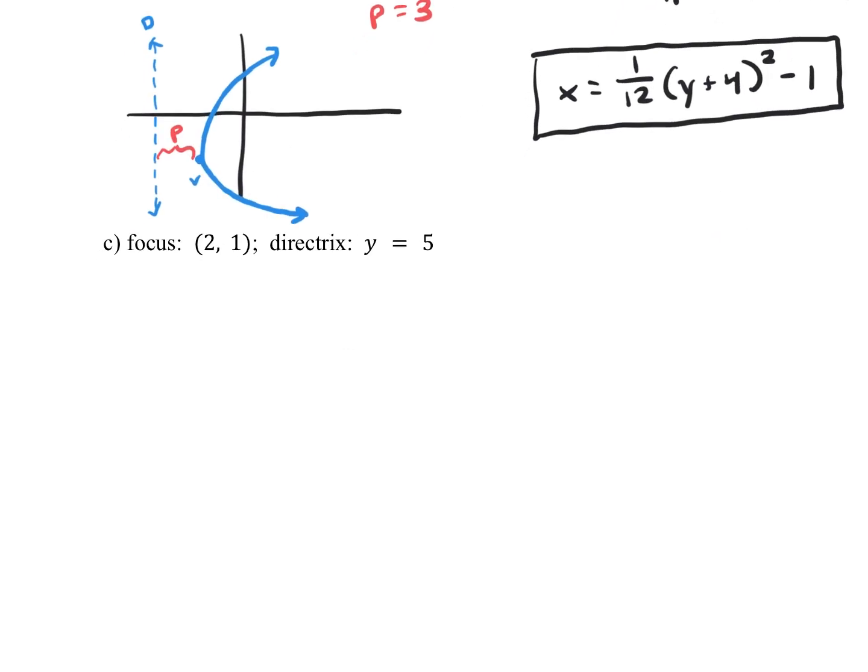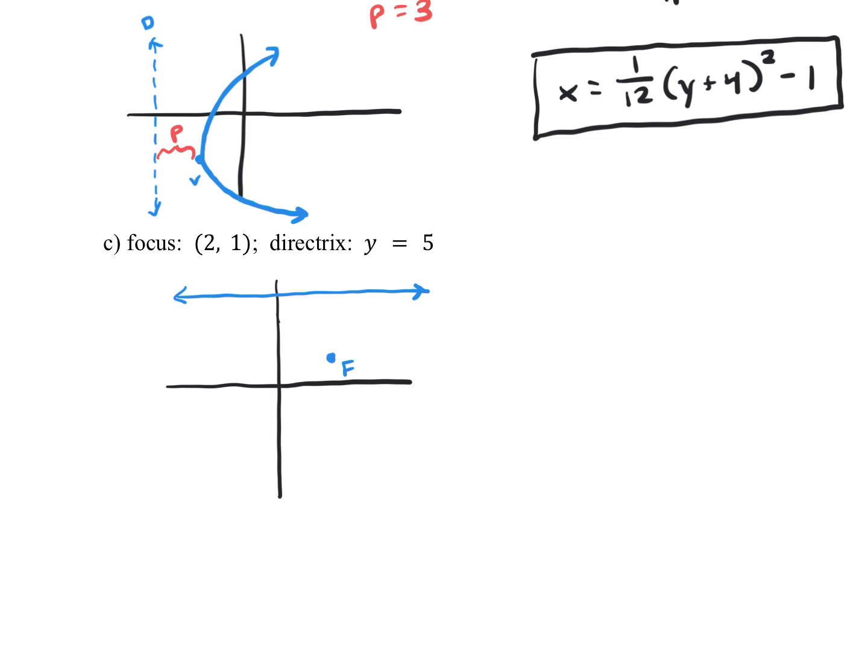Okay, here's one last one we're going to try together. Here we are given a focus and a directrix. Our focus is at (2, 1). Again, that's our focus, not the vertex. And then our directrix is at y equals 5, a horizontal line above. So I need to figure out what my vertex is.